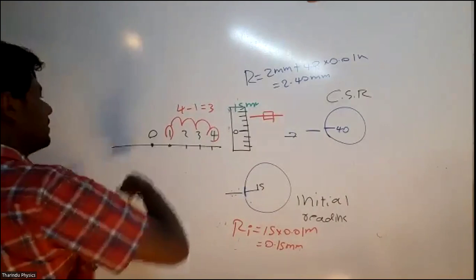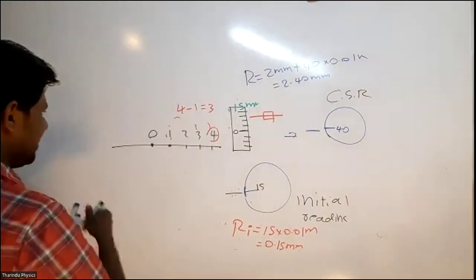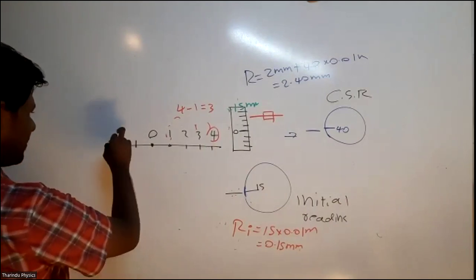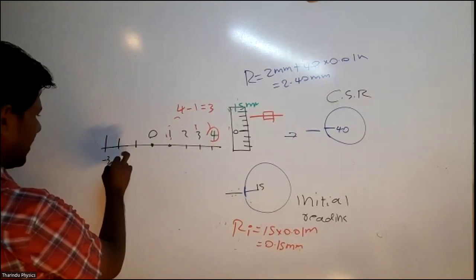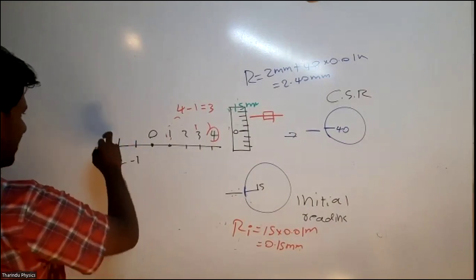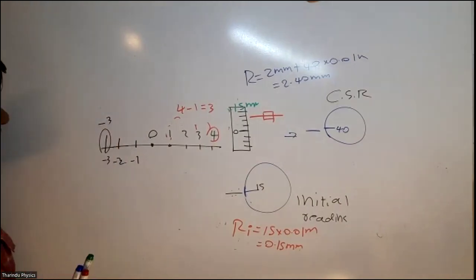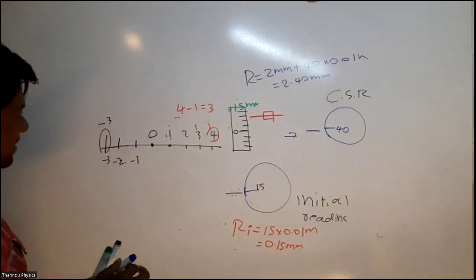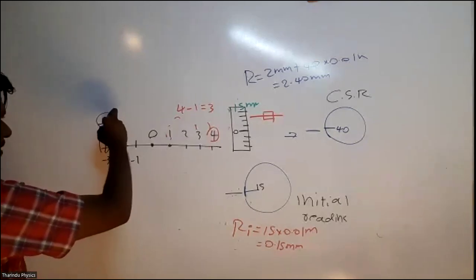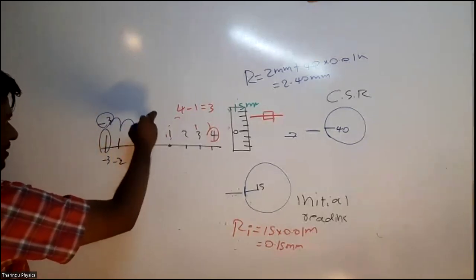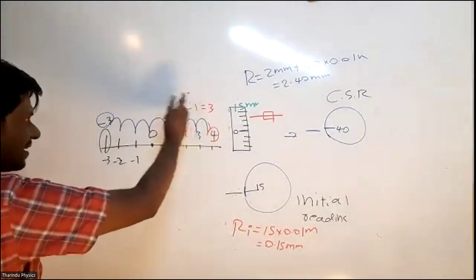And by the way, you are going to start not from here. Now you are actually starting from minus 3, minus 2, minus 1. You started from minus 3. What is the difference now? Haven't you done this thing? 1, 2, 3, 4, 5, 6, and 7.